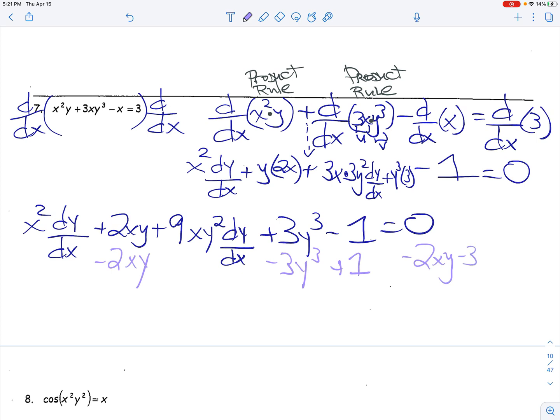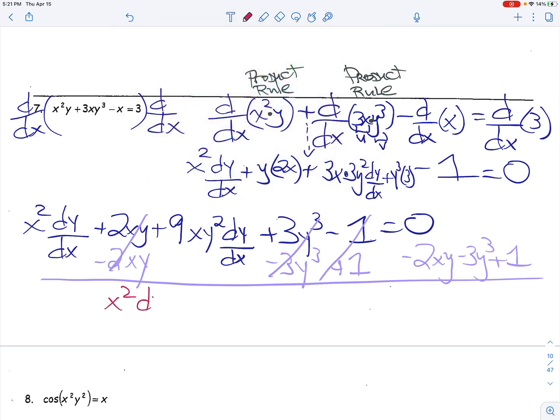So minus 2xy, minus 3y squared... minus 3y cubed plus 1 to both sides, right? That goes, that'll go.